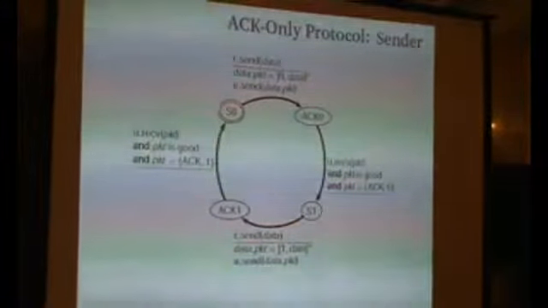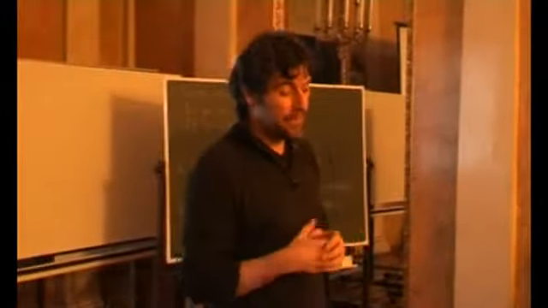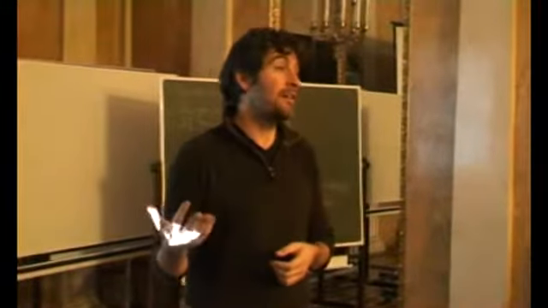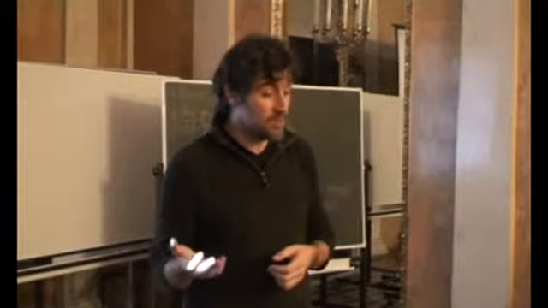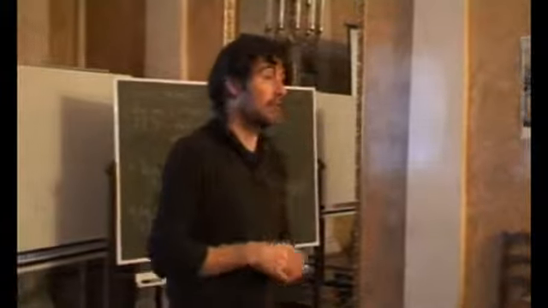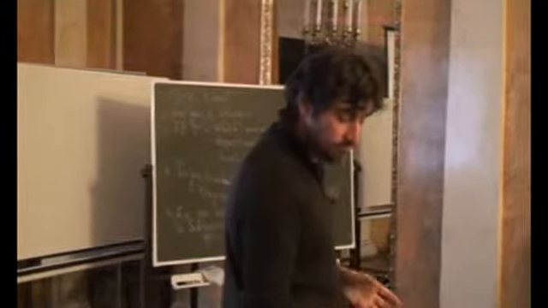Receive the acknowledgement and go back. Okay? So the circle is the situation where you have no errors. If you have errors, then you start resending things. If you are expecting a specific acknowledgement and receive the other acknowledgement, then you simply resend. And similarly here. They're symmetrical. The only difference is the sequence number.